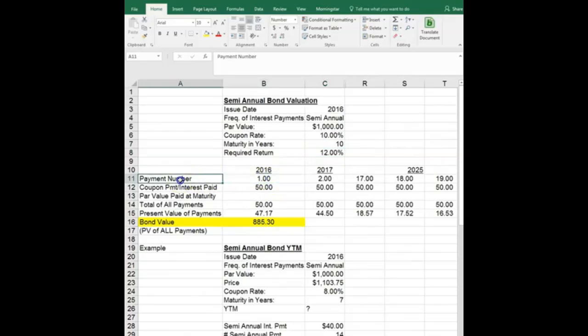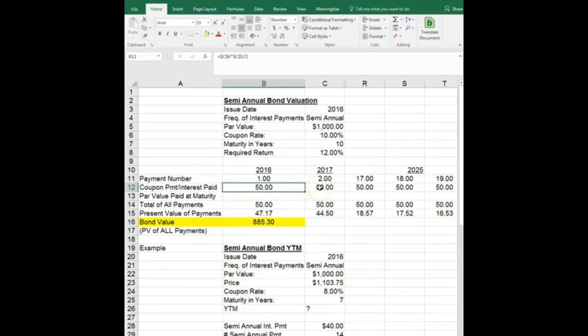So if we look at the payments, 6 months from now in 2016 we'll have an interest payment of $50, which is 1/2 of the $100 of interest that we paid each year. 10% of $1,000 divided by 2.